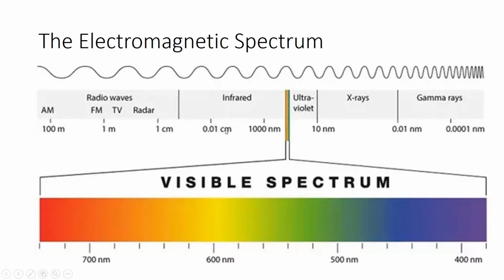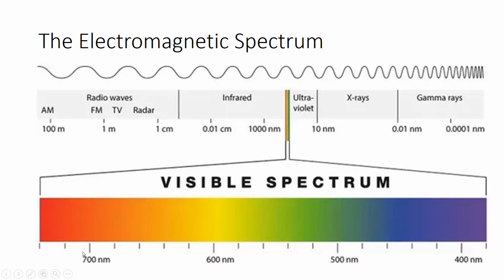So now we're talking about a centimeter to as low as 1 micrometer, which is a millionth of a meter, or 1,000 nanometers. And then there's a certain wavelength of radiation that our eyes are sensitive to, and it's called the visible spectrum.